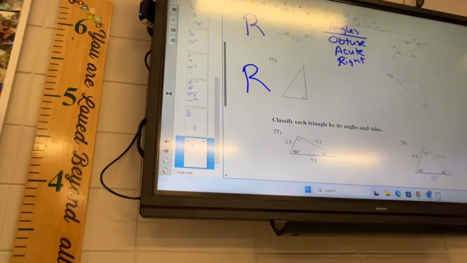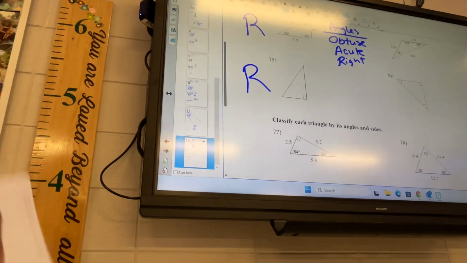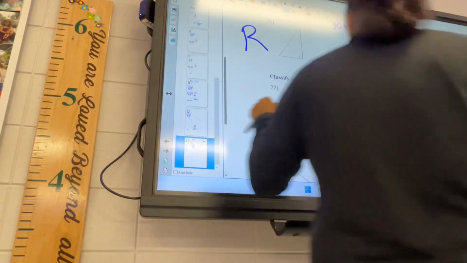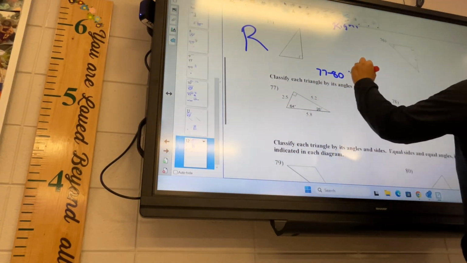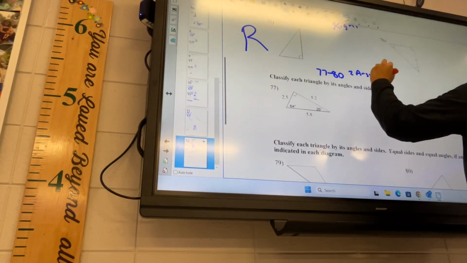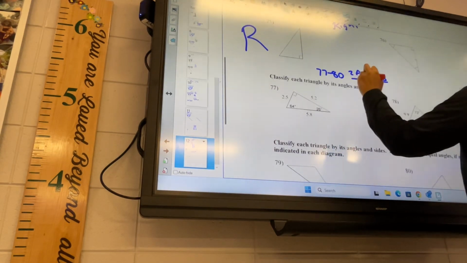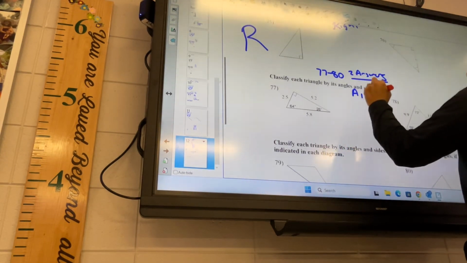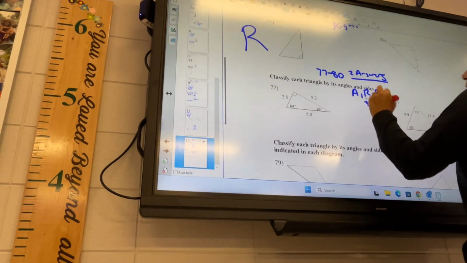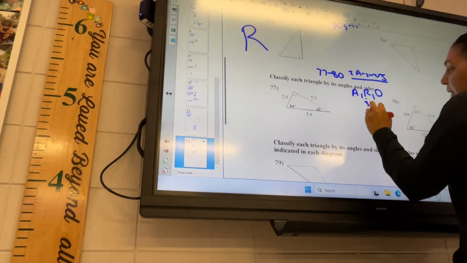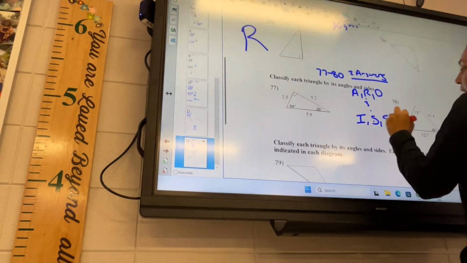Okay, and then the last 4 all say by its angles and its sides. So how many answers should you have? 2. Angles and sides. So on 77 through 80, you need 2 answers. You need either an A, R, or O, and you need an isosceles, scalene, or equilateral.